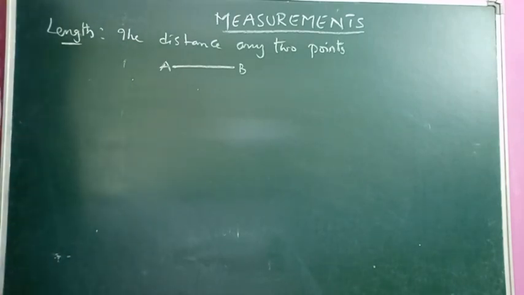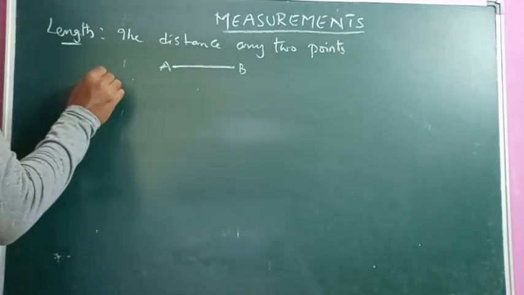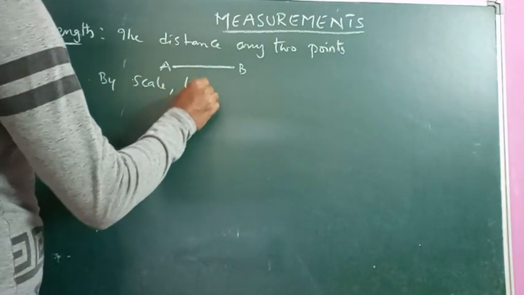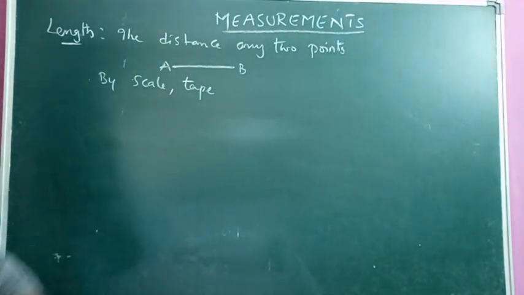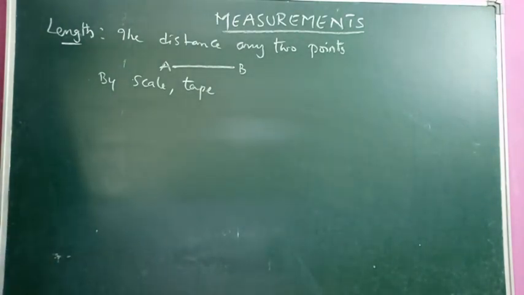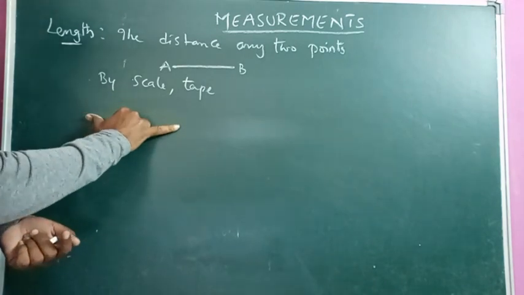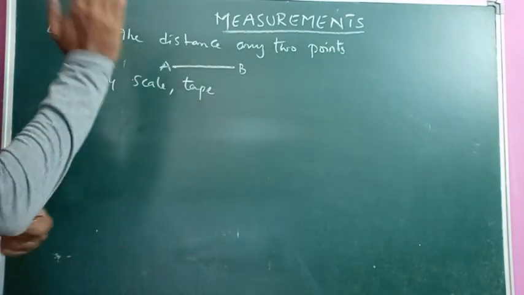This length can be measured by using a meter scale or a measuring tape. But in olden days, in earlier days, people used to measure length with the help of various parts of the body, such as handspan, foot span, and cubit.